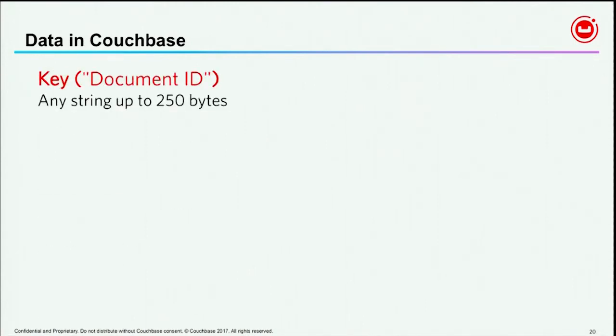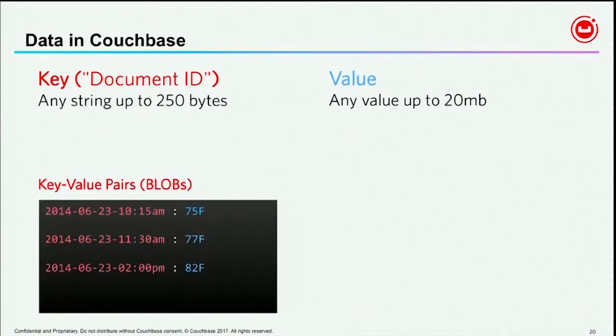Data in Couchbase has a key, a document ID, and a value. And that value can be anything up to 20 megabytes. In the vast majority of cases, it's much, much smaller than that. This item can be key value pairs, so storing strings or integers or serialized objects. In that case, Couchbase exposes itself to you as a key value store, storing those opaque blobs.